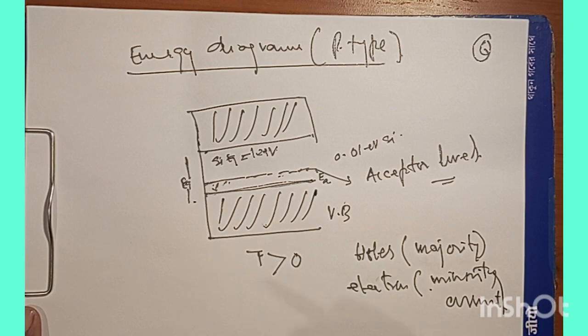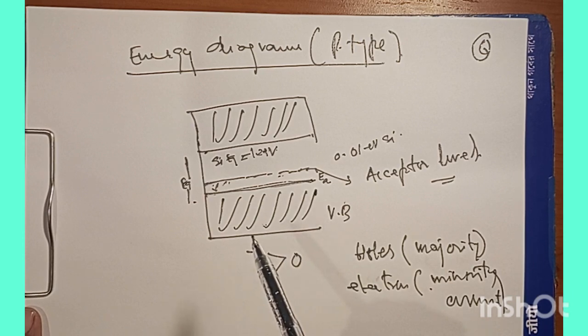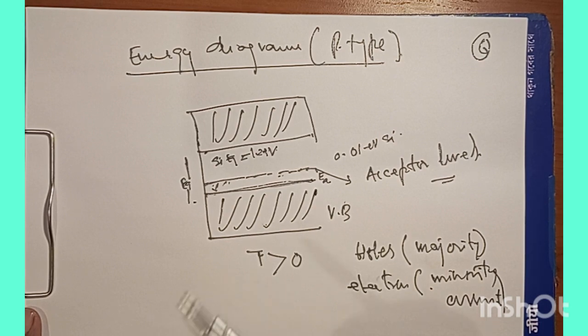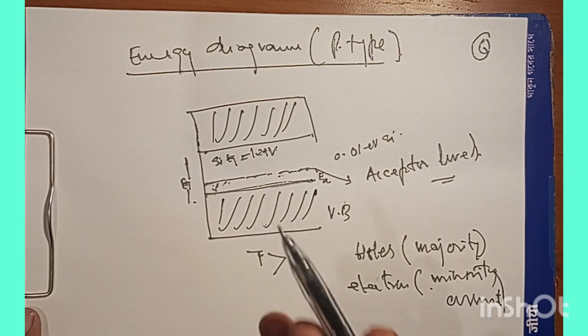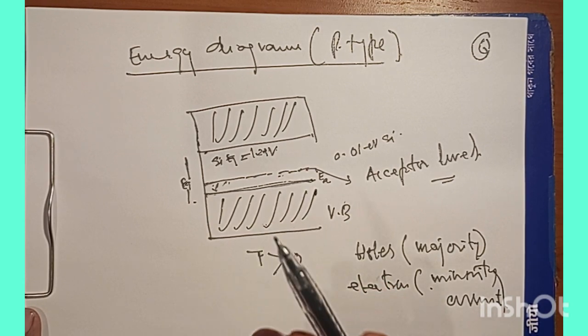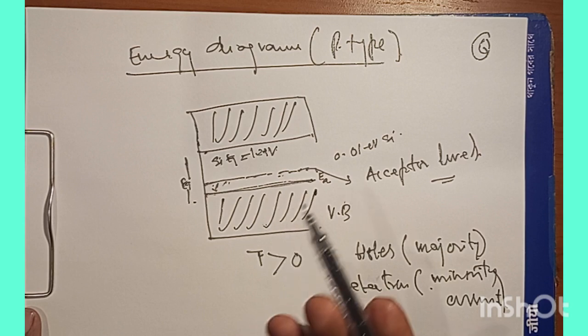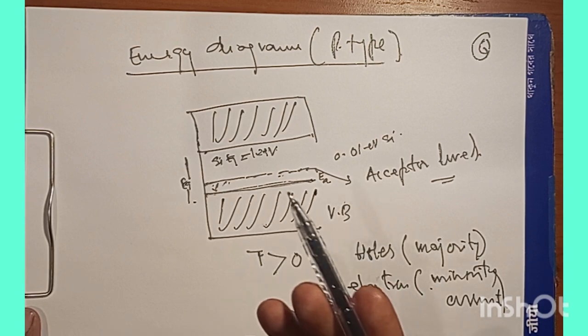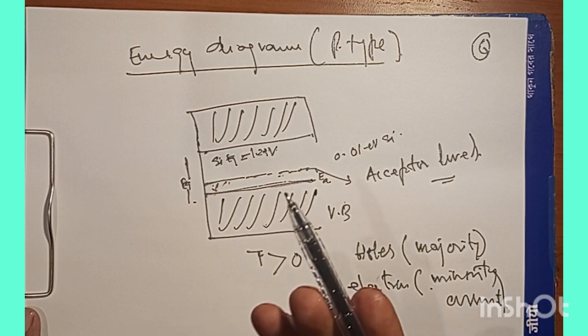Each donor atom that we add to the matrix has a neutral charge, so it does not add any charge to the semiconductor. As such, the donor electrons are part of the impurity atoms and do not make the N-type semiconductor negative.